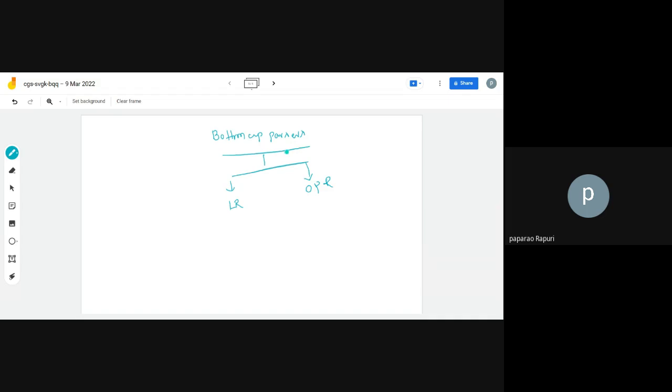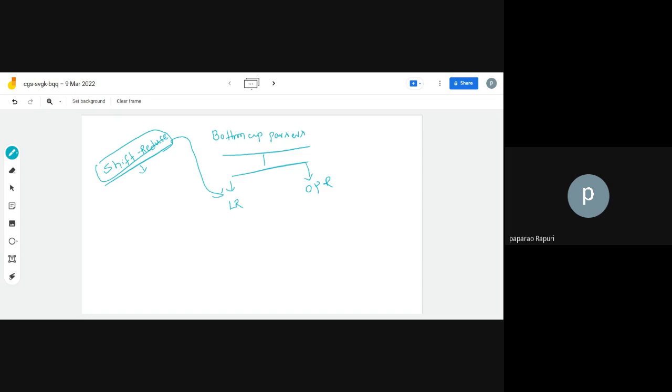Before we move to LR parsers, in the previous class we discussed shift reduce parsers. I told you that all the LR parsers work based on the principle called shift reduce parsers. Indirectly, we can call all the LR parsers shift reduce parsers.